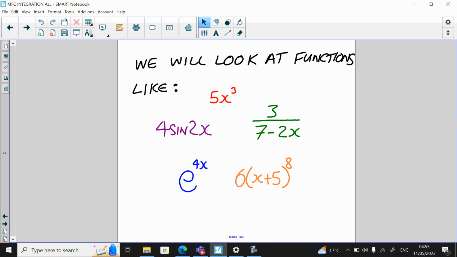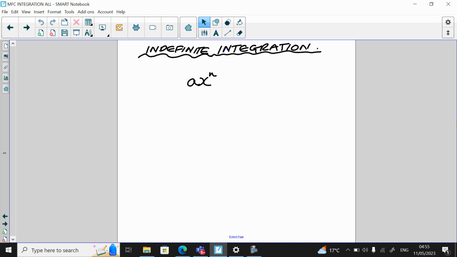It's a little bit different from the 5x cubed, the ax to the n, but we've seen these before. I'm just going to go through them one at a time. You have got your formula sheet, so I'm not going to bring it up. You can have a look at it.